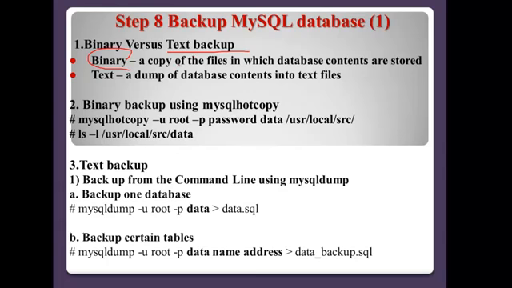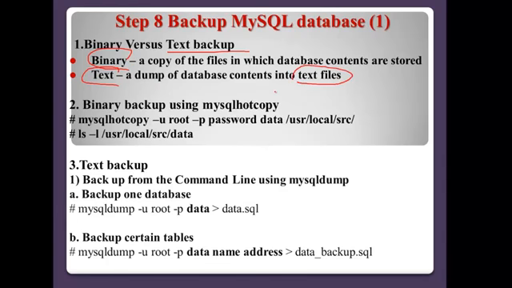For example, for the binary backup, we can use the directory /var/lib/mysql. We can just copy this kind of file from the database directory. And the text backup is a dump of database contents into a text file.